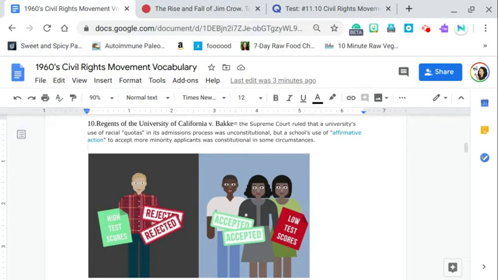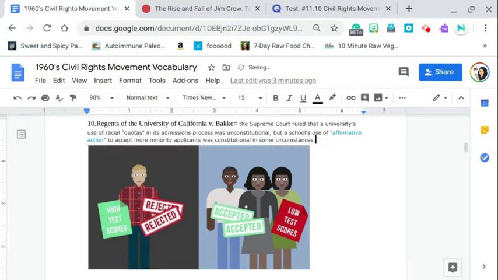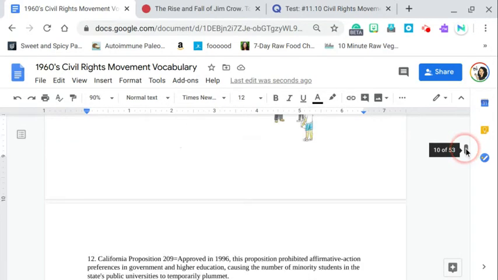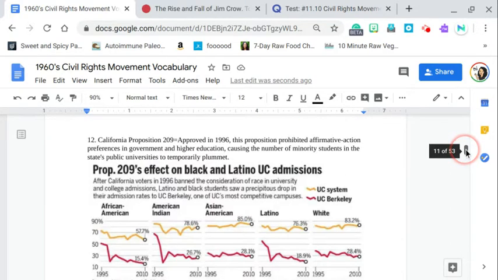That's not right." So the Supreme Court ruled that his constitutional rights were violated because we were not being fair to whites.